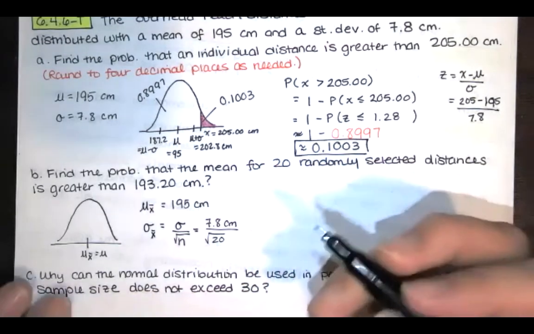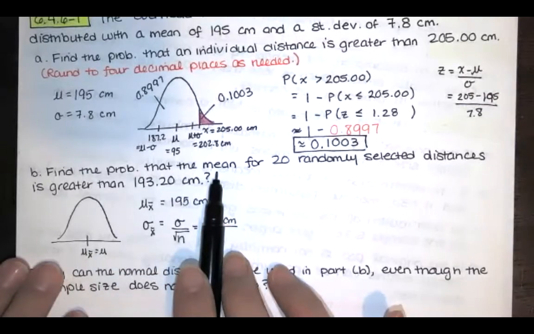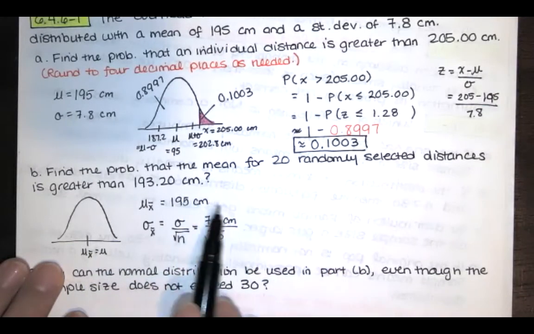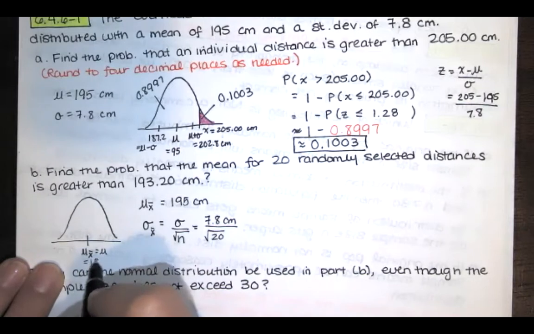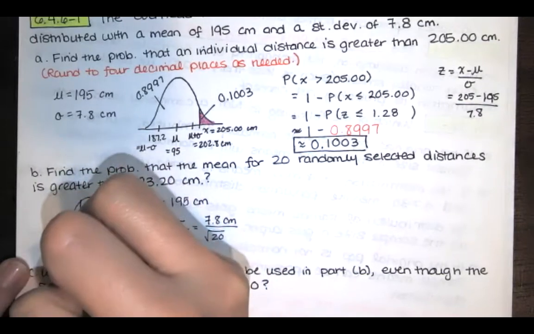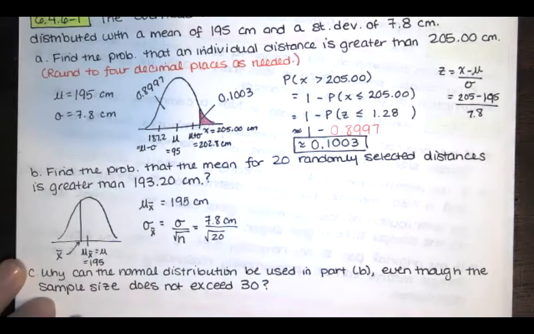Okay, so that is the mean and the standard deviation of the distribution of the sample means. Now the question is, what is the probability that the mean for 20 randomly selected distances is greater than 193.2? Now this mean of the sample means is 195. So this 193.2 is less than the mean of the sample means.